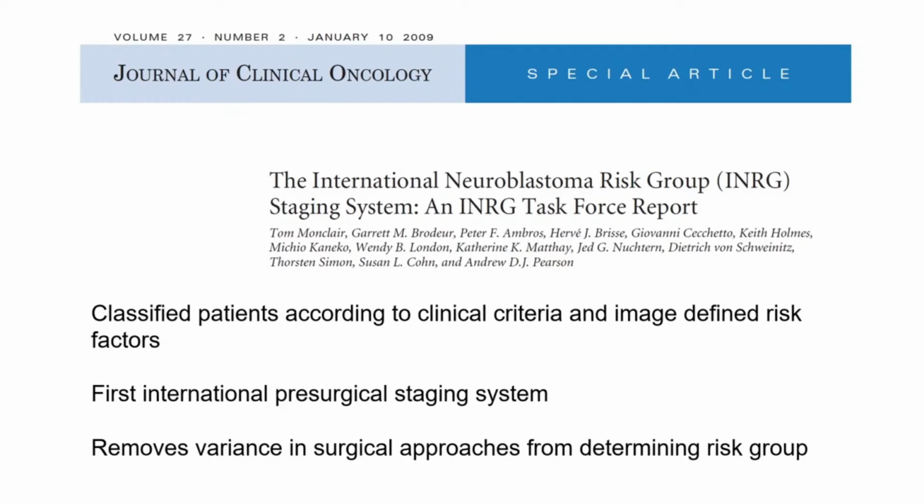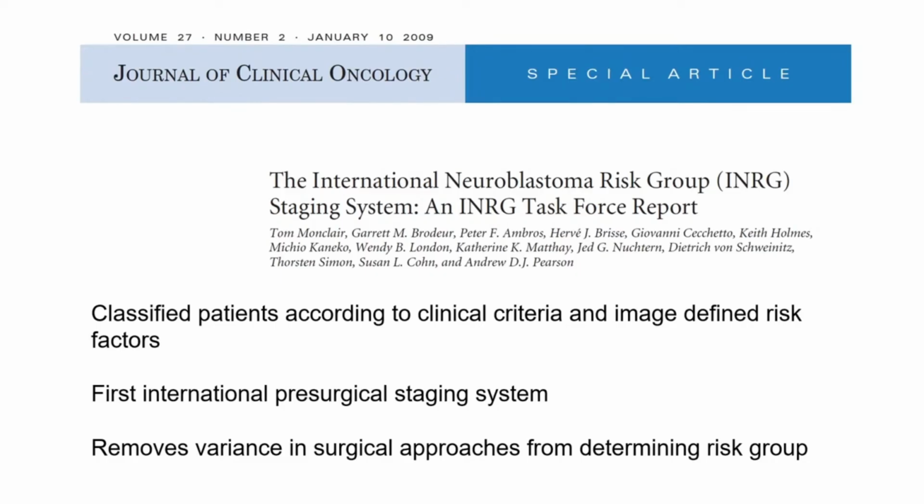And so from the initial INRG task force, a couple of major landmark papers came out in the field. One was, as was mentioned before by Dr. Desai, the criteria for what is an image-defined risk factor. So for those of you who are taking pictures about that, if you want to do some exciting reading, you can go back to this 2009 paper. It was also the development of the INSS that was also touched upon earlier, right?